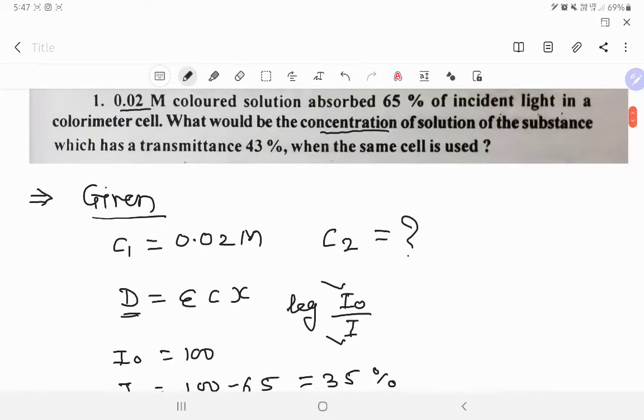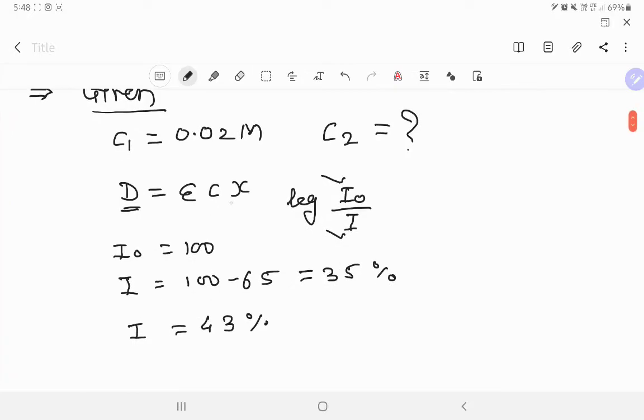One more example. When the same cell is used, we are using same cell, same container, means thickness is constant. Here thickness is constant. We are using same solution, that's why epsilon is also constant.